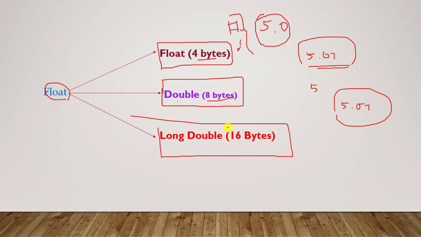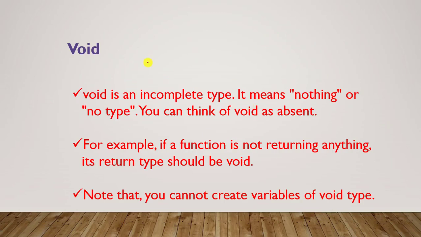So you should know in which case you have to use float and in which case you need to use double. We will see the difference between float and double in a different video, maybe the next video. For now, you should just know these three are the types of data that we use to store real numbers.